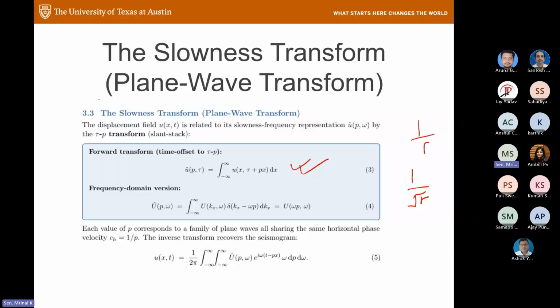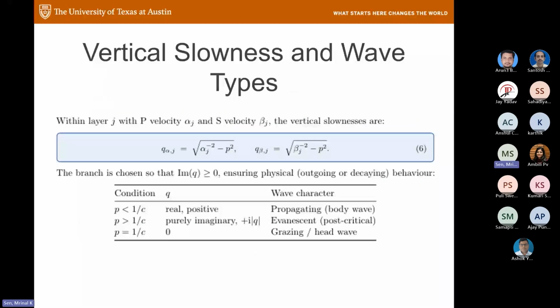So this assumes a cylindrical source or a line source. But this will give you decent kinematics in the x-t domain, and I'll tell you how we actually handle that exactly.